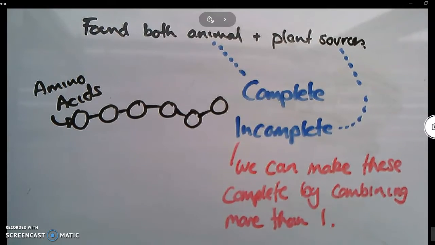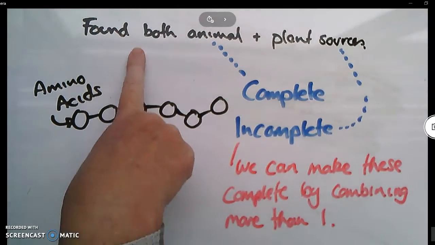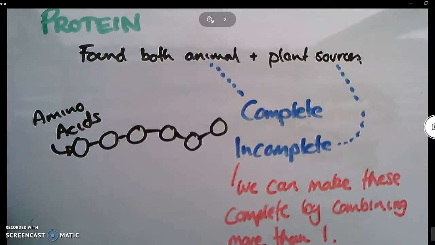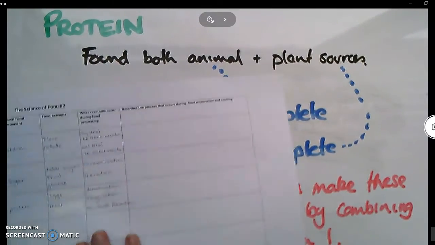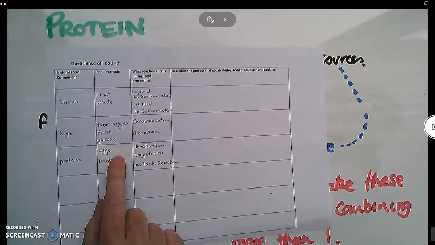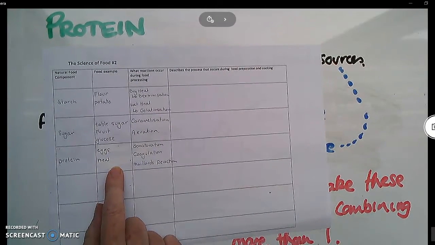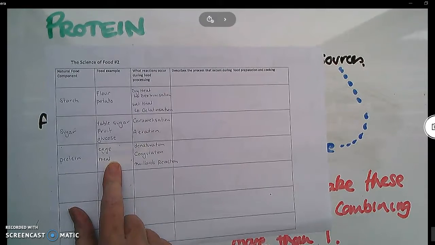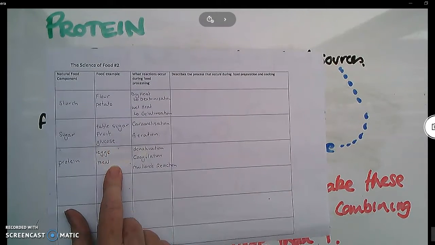What we need to do now is look at what's happening with the protein when we're cooking it. So if I go back to our table here, we know that eggs and meat are our best sources of protein, and they both come from animal sources. So they are examples of complete proteins.